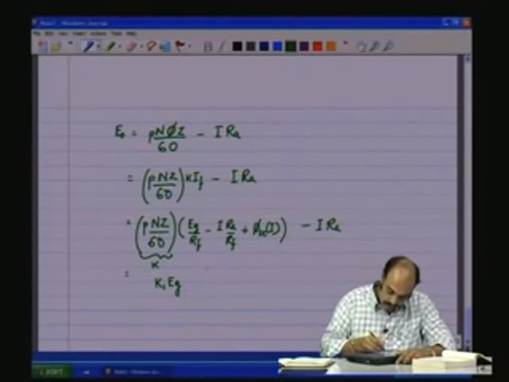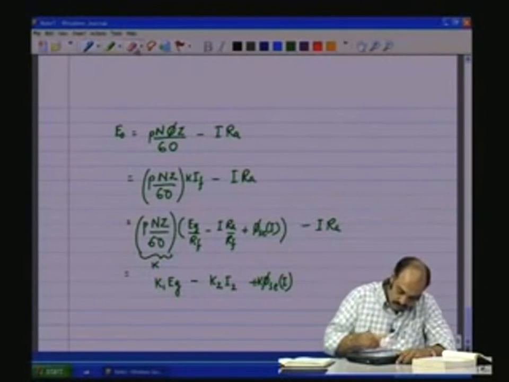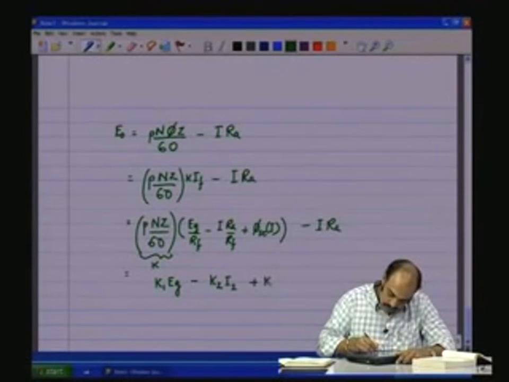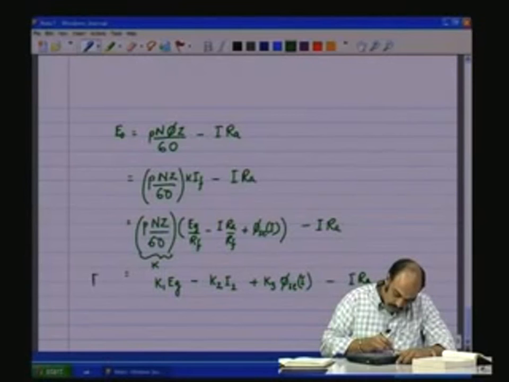Rf is also taken into the constant, minus K2 I plus phi Se, which is a function of load current, with K3 series field, which is a function of load current, minus I Ra. This is going to be your E naught.